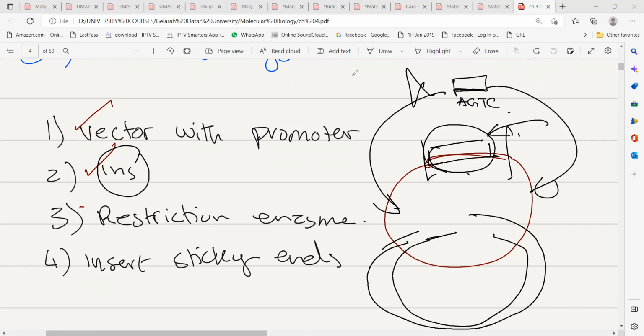Clear? Now your gene of interest can attach here, at the sticky ends. I will explain each step one by one.